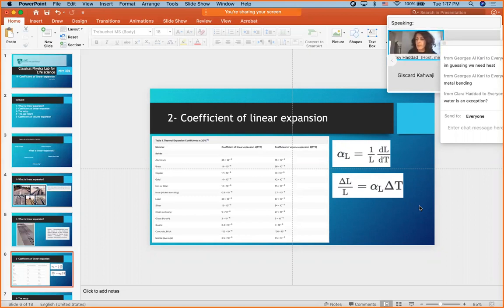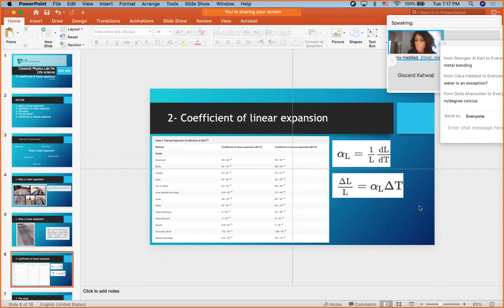What is the unit of alpha? Meters over degree C. Not true. I'll give you another chance. Unit for alpha.